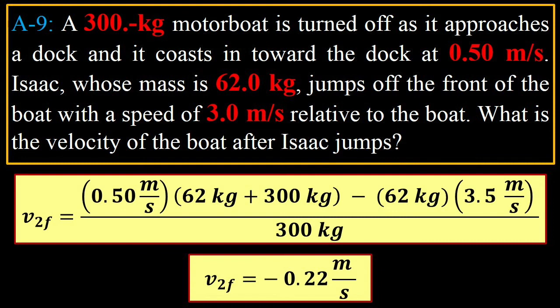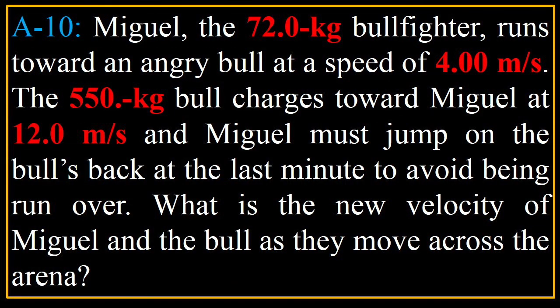And you see that it's negative 0.22 meters per second. Does the negative make sense? Well, the boat is going towards the docks, that's the positive direction. But when he steps from the boat, he's pushing back on the boat.